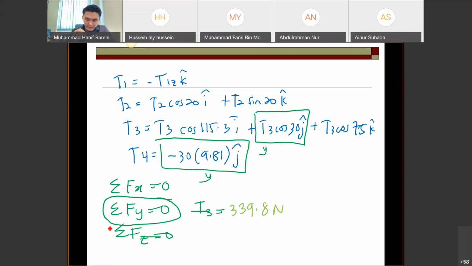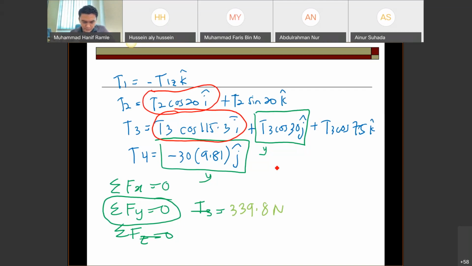For example, use the x component. You have two values in the x component, so use just the x component to solve it. Use the simplest equation first.